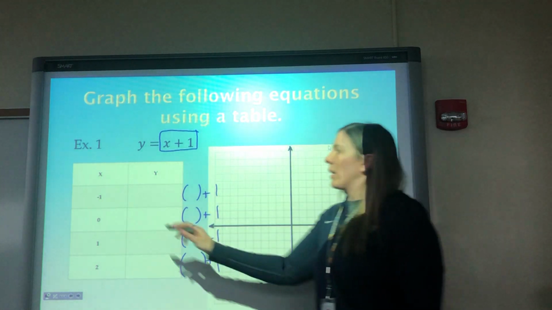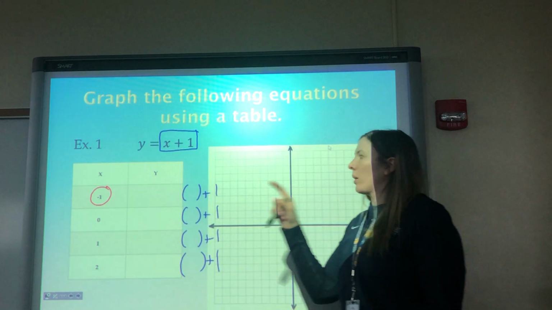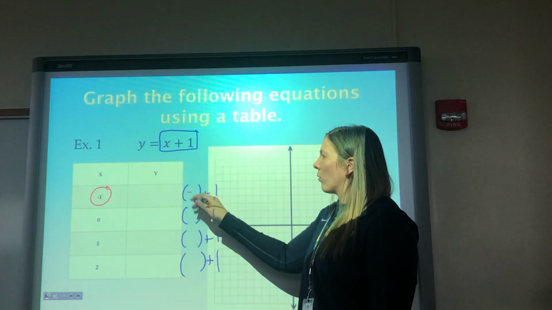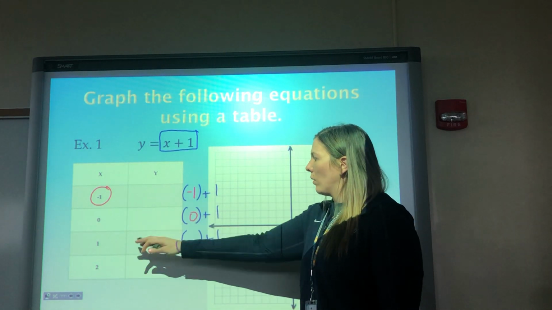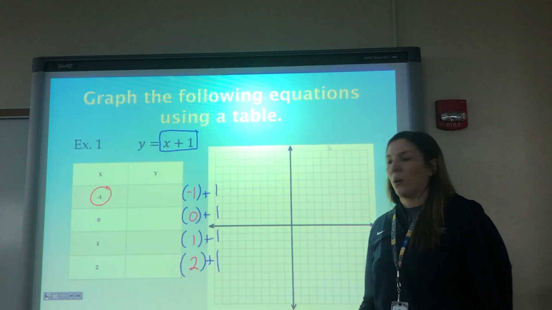Okay, these are the numbers, remember, that are going inside those parentheses. We want to know what does this equal when x is -1. So we put -1, 0, 1, and 2 in those parentheses.